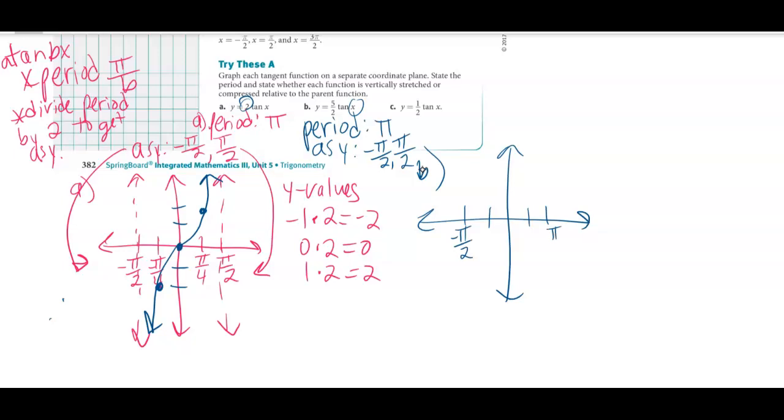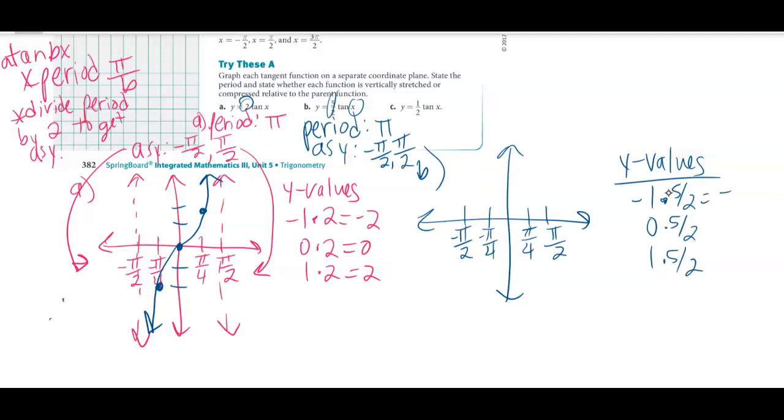Half of that, negative pi over 4, positive pi over 4. And then my y values, I'm going to take negative 1, 0, 1 and multiply them by a. Negative 5 halves, 0, 5 halves.